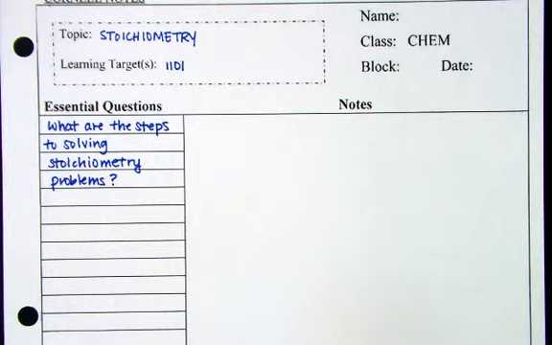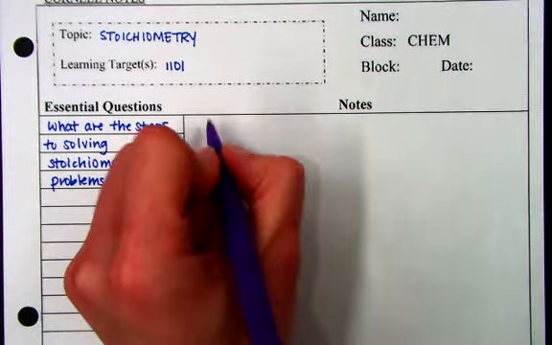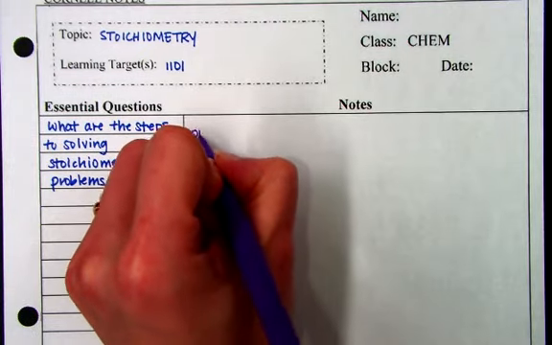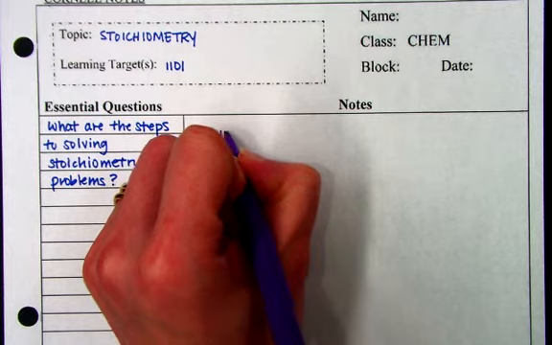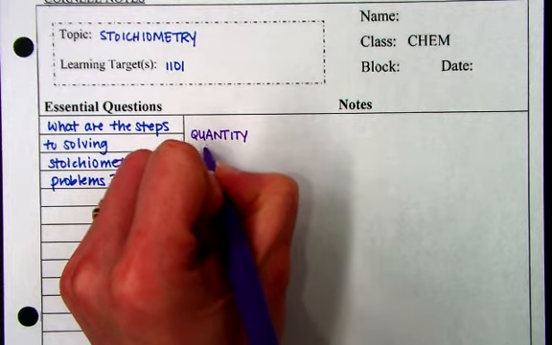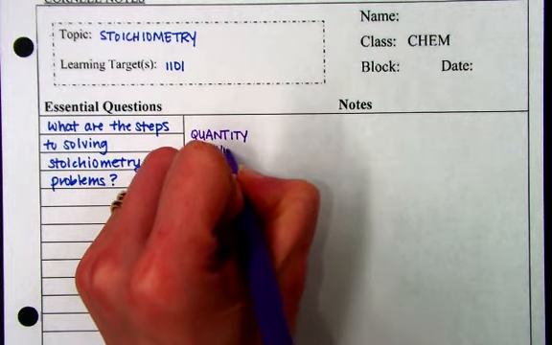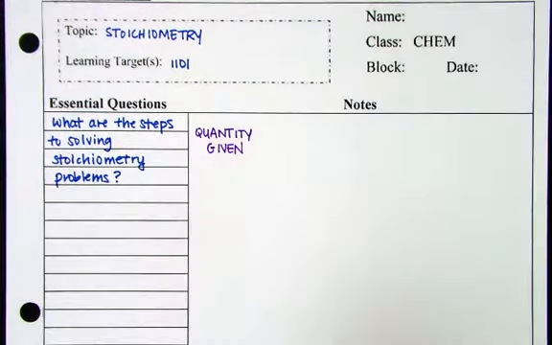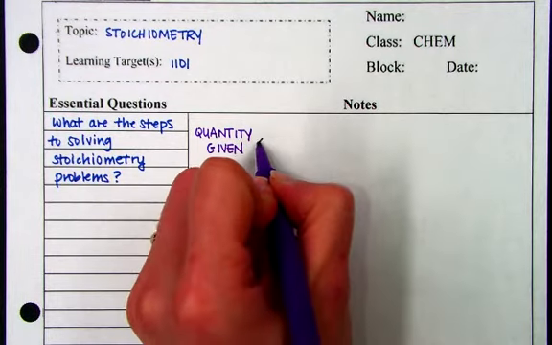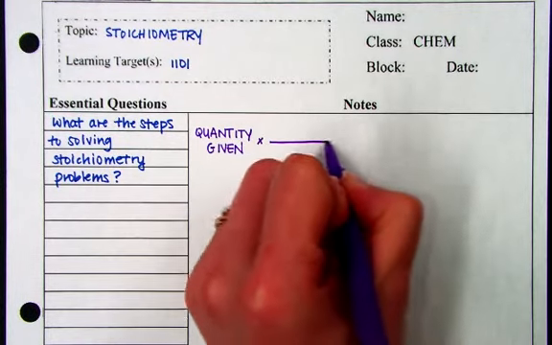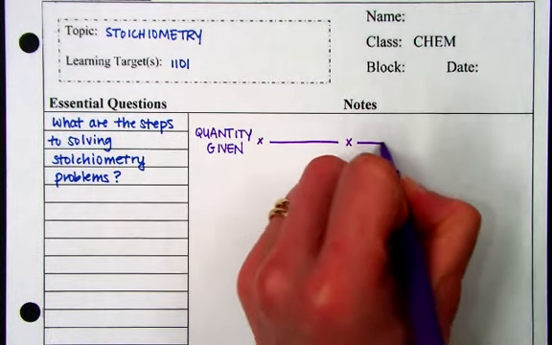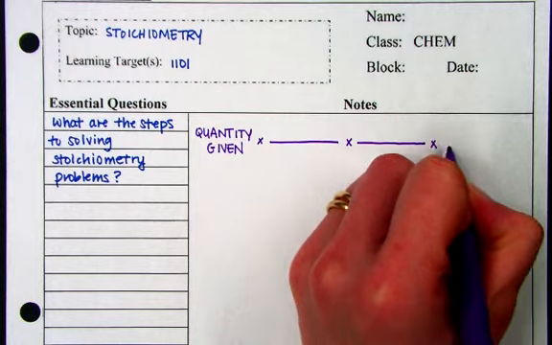Here's our general equation. We're always going to start with the quantity given in the problem. I've said that before, right? You always write the number that they give you in front. Quantity given.